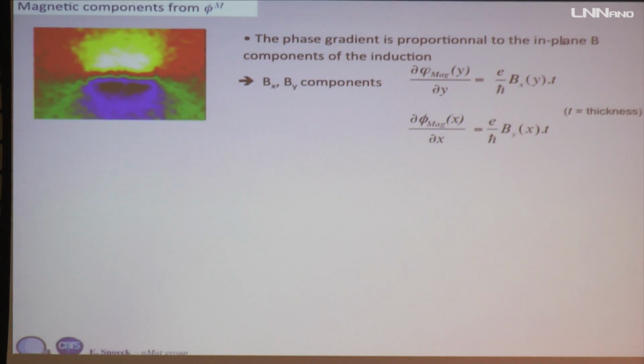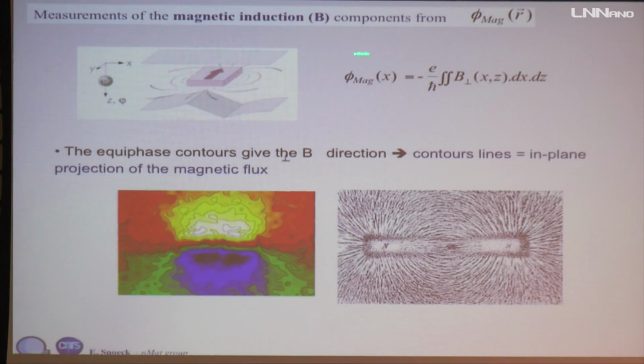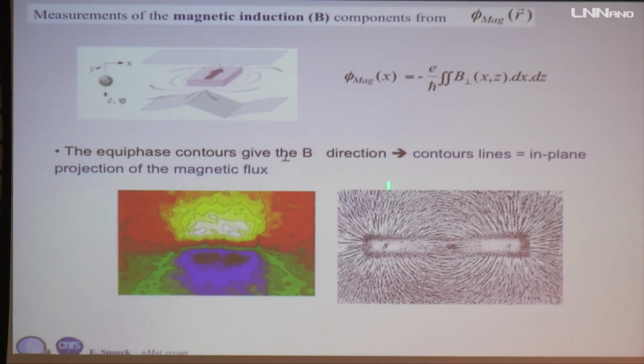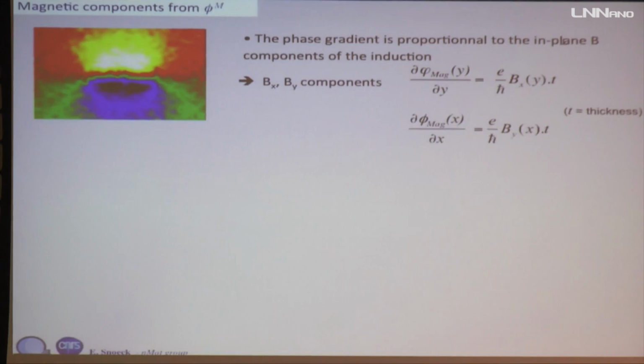Okay, so what we have now is some images which correspond to the projection of the flux lines in these materials. And from this projection, by taking the derivative of these images in the direction x and in the direction y, we are capable of extracting the component of the magnetic induction in the two directions.